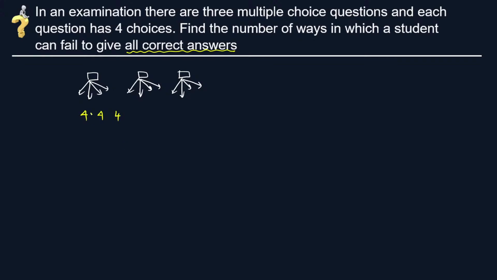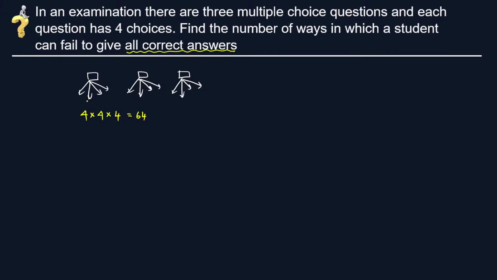So the total number of ways the student can answer these 3 questions, each having 4 choices, will be 4 into 4 into 4, that is 64. Now you think about it. There is only one way where this student has answered all the questions correctly.